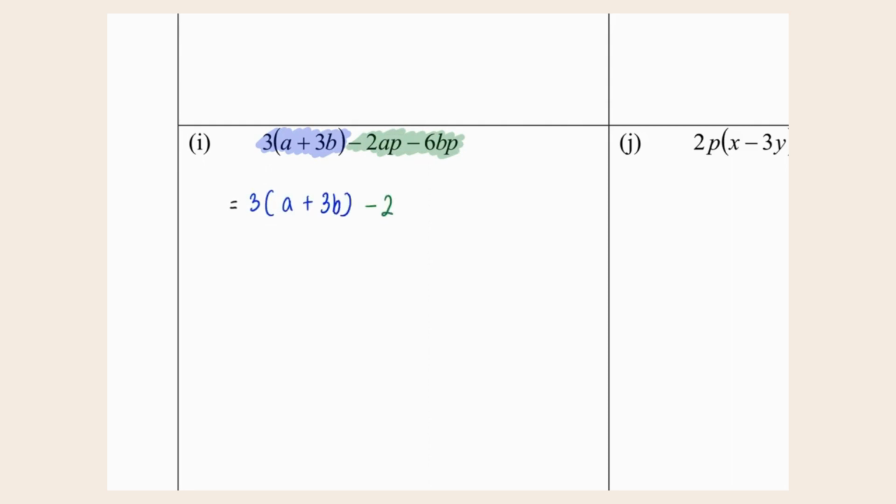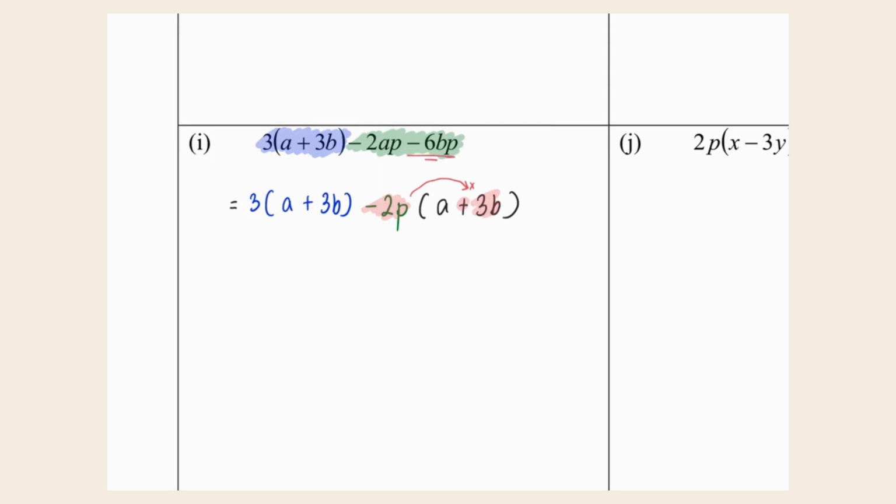Negative 2 as the common factor. Also have the p as the common factor. I'm left with a plus 3b. Again, you might wonder why is there a plus, because if I were to expand and simplify this out, negative 2p times positive 3b will give me back my negative 6pb.